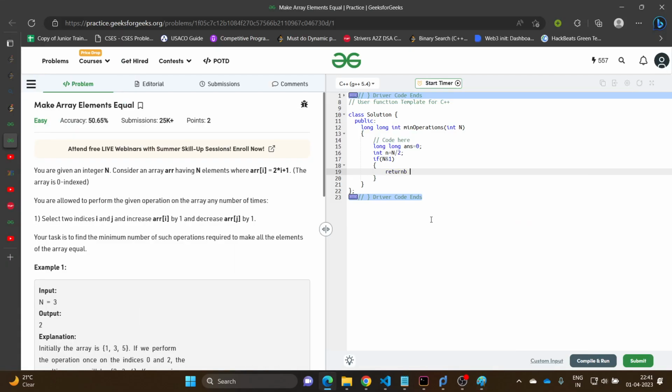Then just return n. Let's take 1LL, because if n is 1e9, then it can go out of bounds, into n plus n.